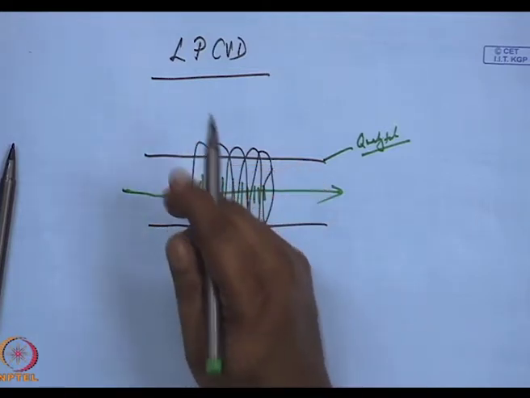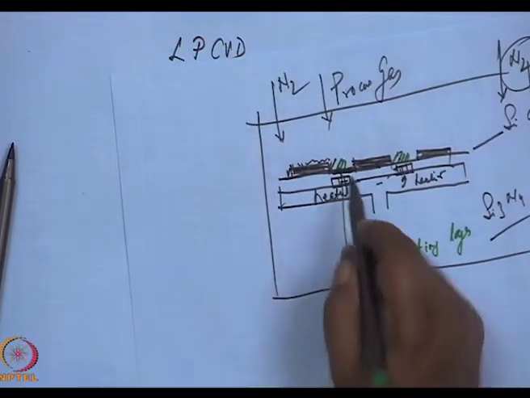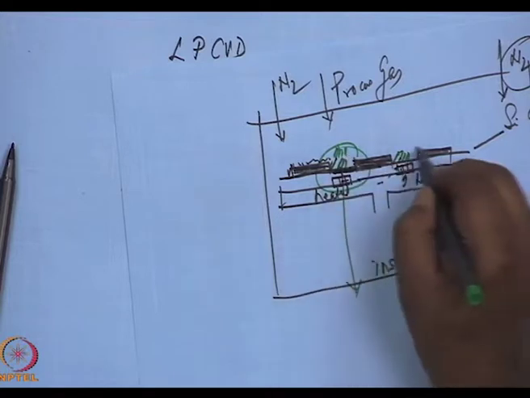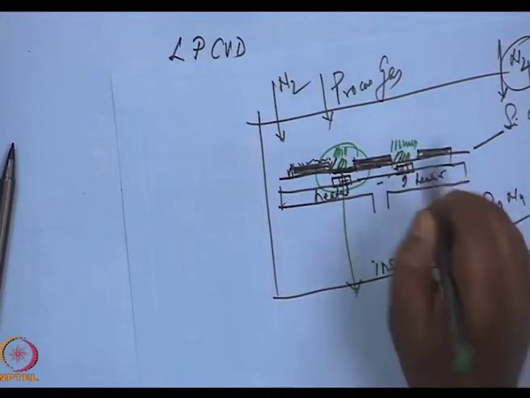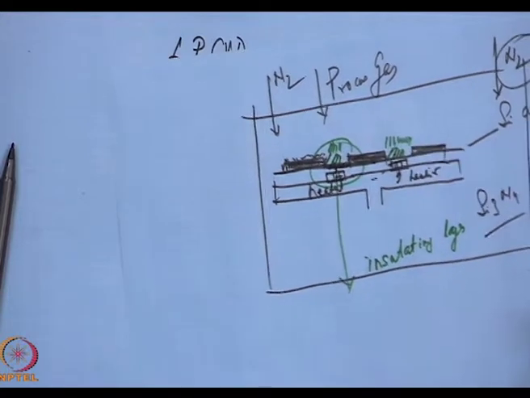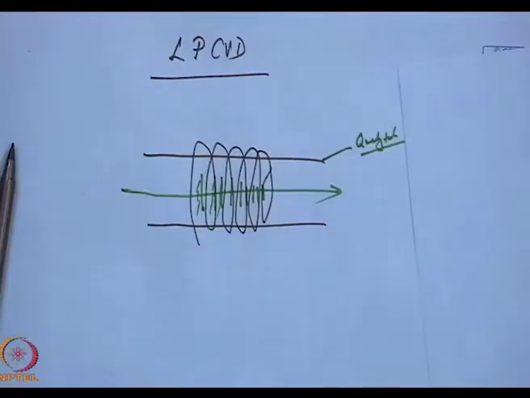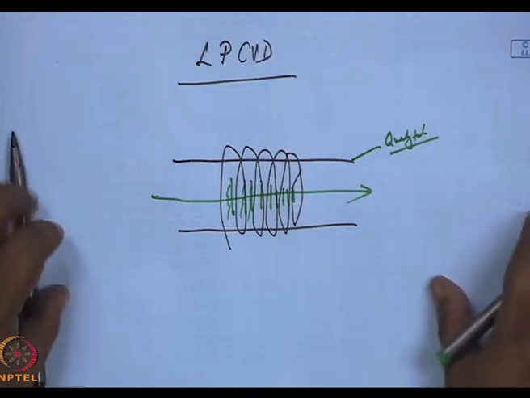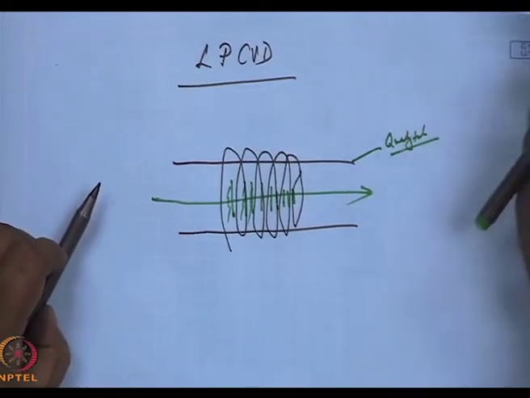And if I have got vias like this, they would only coat something over here. So this is LPCVD.